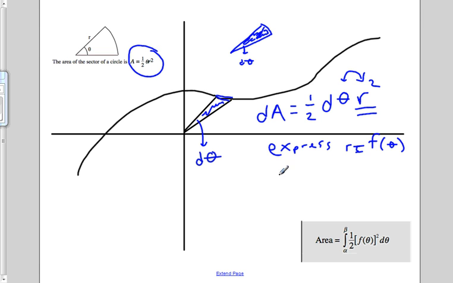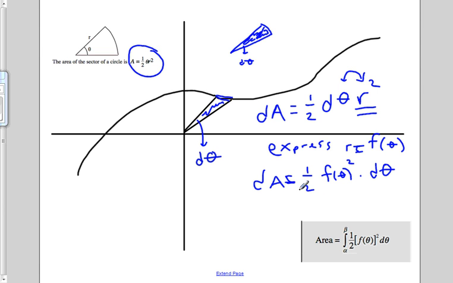Therefore, our little dA equals 1/2 f of theta squared times d theta.